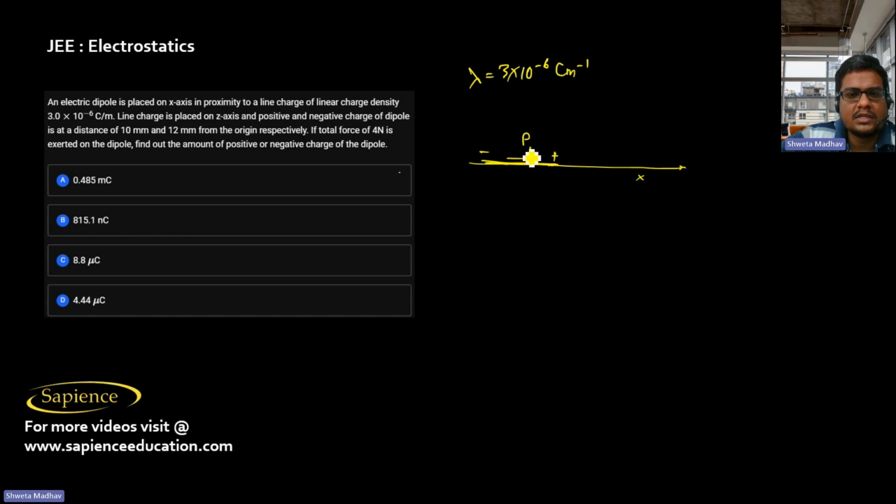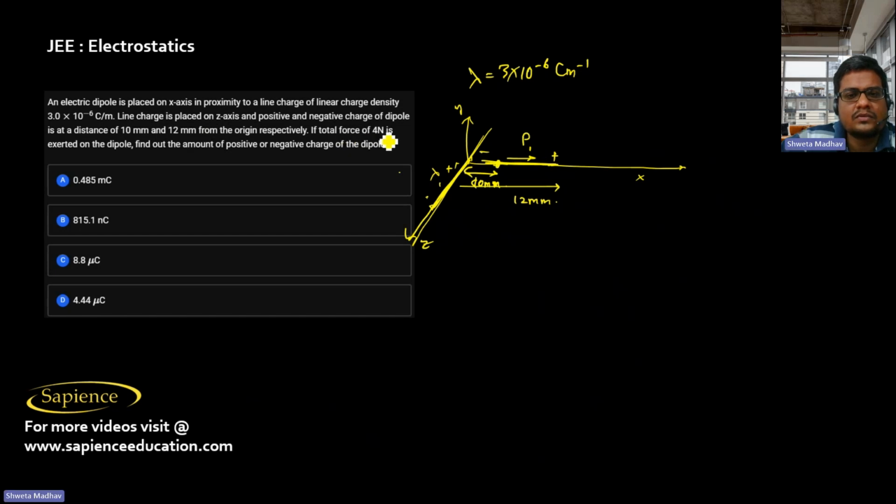The line charge is placed along the z-axis, with x, y, and z axes. The positive and negative charges of the dipole are at distances of 10 millimeter and 12 millimeter from the origin respectively. The negative charge is at 10 millimeter and the positive charge is at 12 millimeter from the origin respectively.